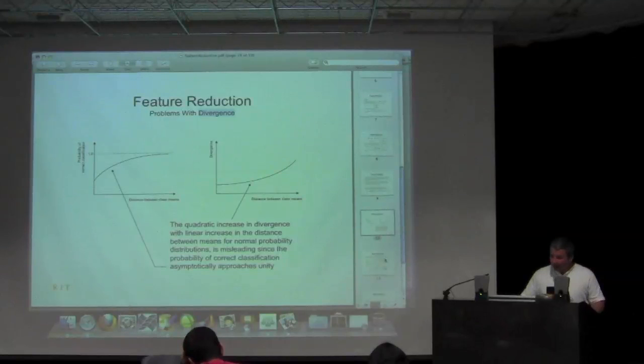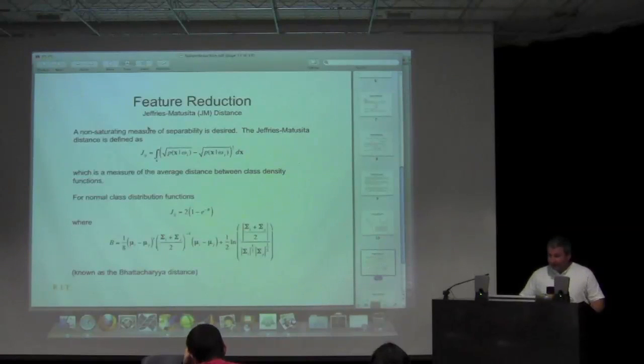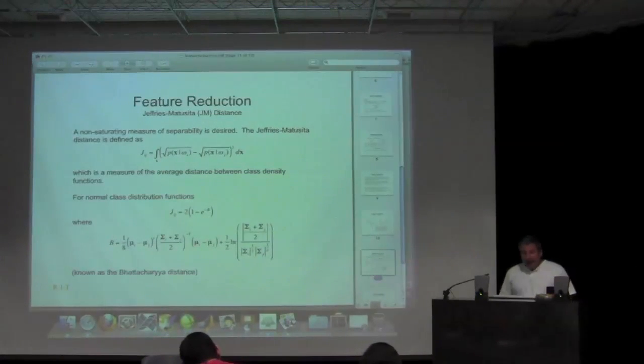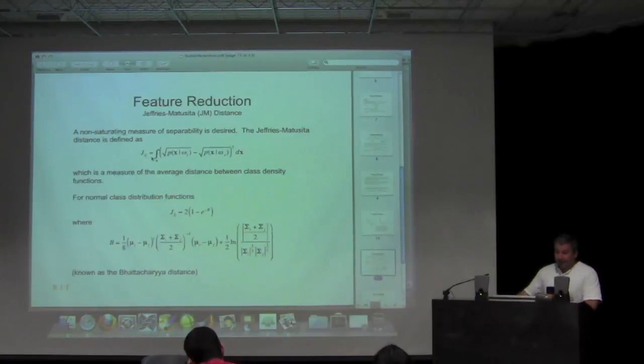All right, so along comes Jeffries and Matusita, and they proposed a distance they call the JM distance, named after them. Rather than divergence, they call it J sub ij, big J sub ij. And what is it?